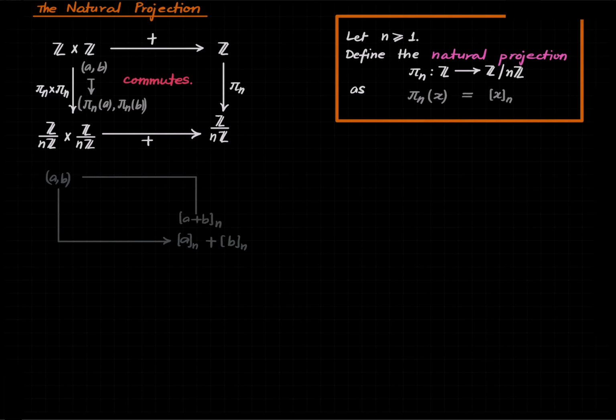And those two things are equal. That's how this addition was defined. So the commutativity just means it doesn't matter which path you take. Right? It doesn't matter which path you take. That's what commutativity is. So modular arithmetic of addition is captured in this diagrammatic way.